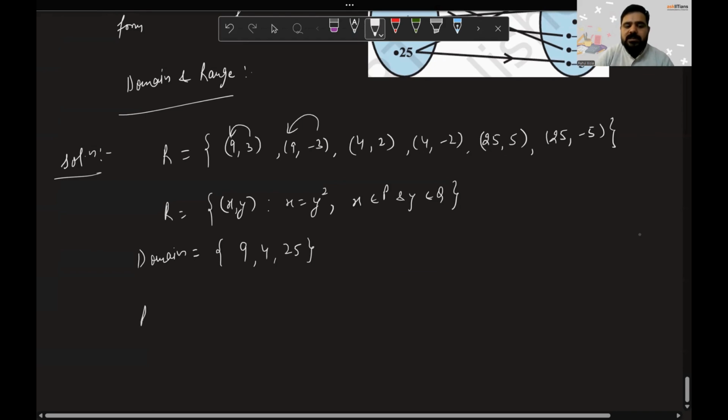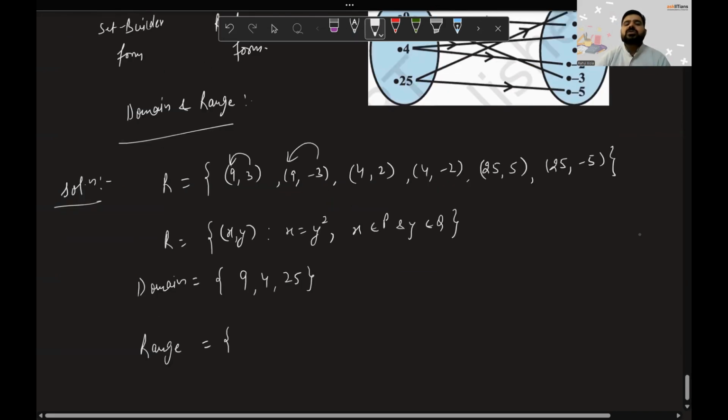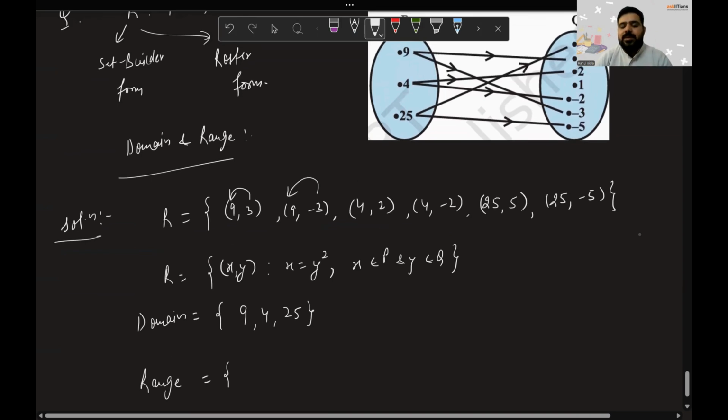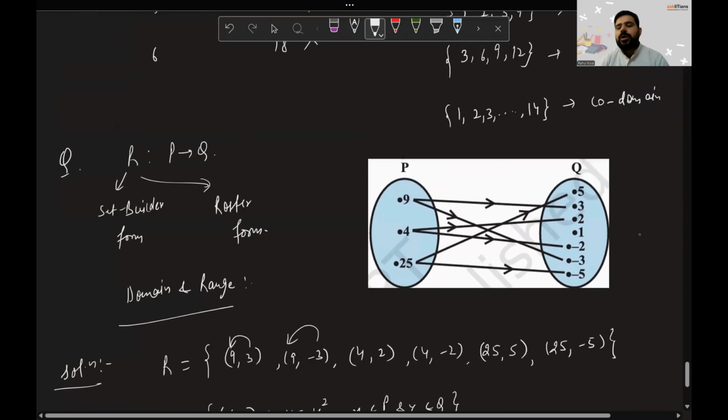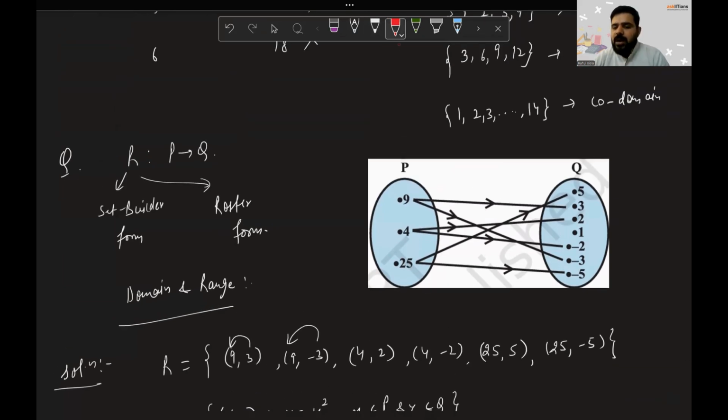And now if someone asks what the range is, it is the collection of all the second elements. That means we'll have -3, 3, -2, 2, -5, and 5.